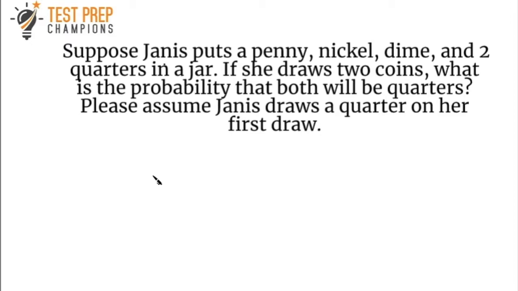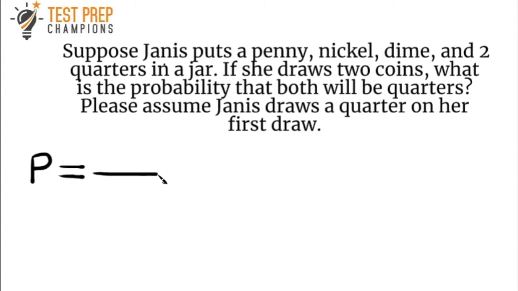So in this case here, what I want you to do is, let's just think about her first draw here. So for the first draw, what would be the probability that she pulls a quarter out of the jar on the first draw? So let me put this P for probability here again. And so the probability that she draws a quarter is going to be the number of quarters in the jar divided by the total number of coins in the jar.